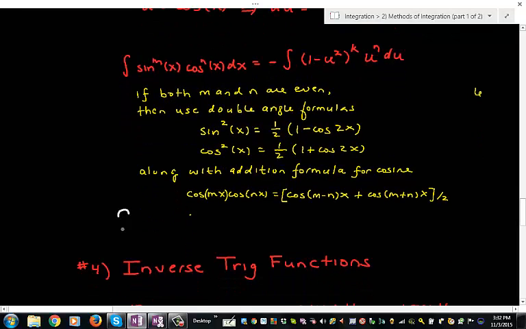Let me illustrate very briefly. Suppose I have sine to the fourth. I'm going to rewrite this as sine squared x, squared, and I can do this a number of different ways. I can rewrite the sine squared part first.